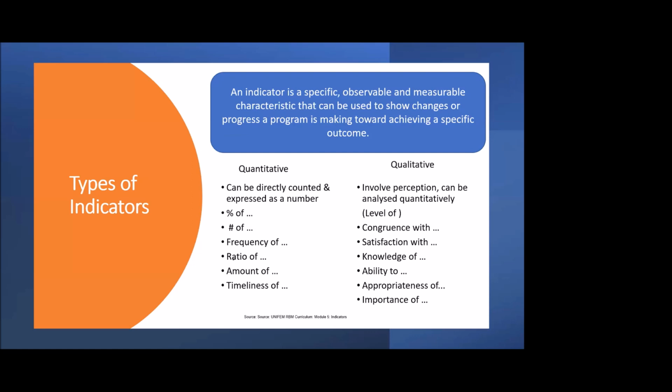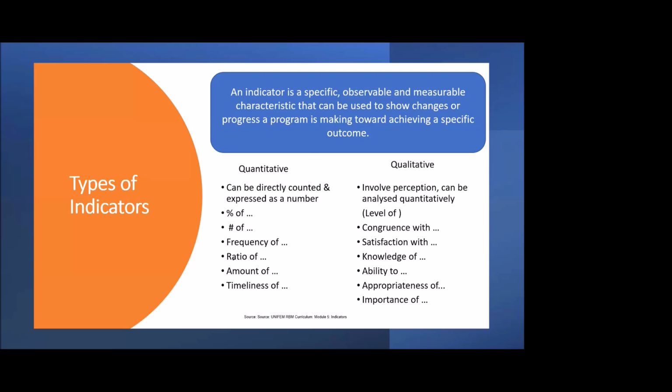So we have different types of indicators. An indicator is something that's specific, observable, and measurable. And you can use that to show change or progress a program is making towards achieving a specific outcome, whether that outcome is knowledge, attitudes, or behavior.